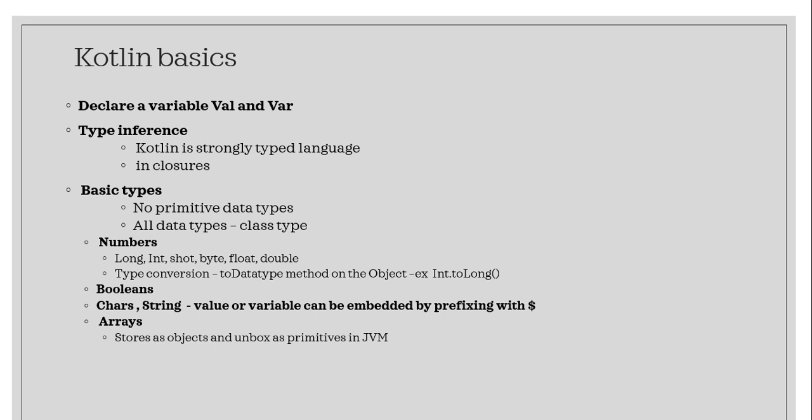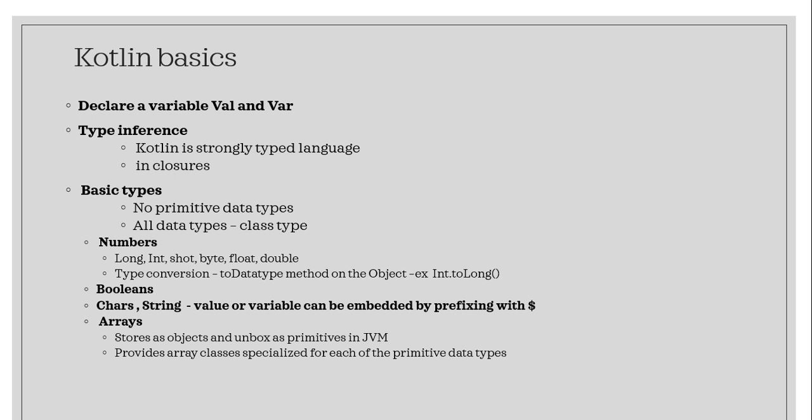It stores objects and unboxes to primitives in the JVM. So an array is just like a collection and stores objects, and at runtime in the JVM it unboxes to the primitive types. Kotlin provides array classes specialized for each of the primitive data types.